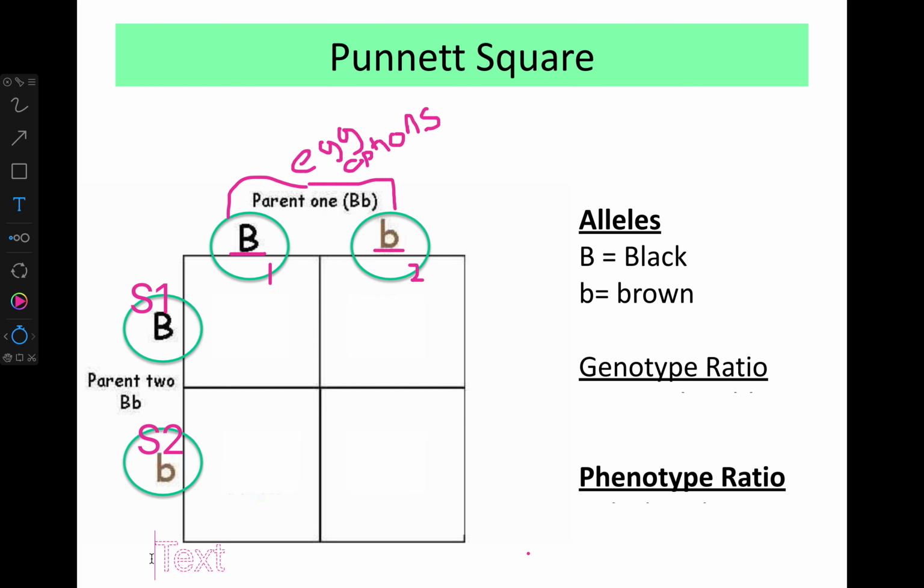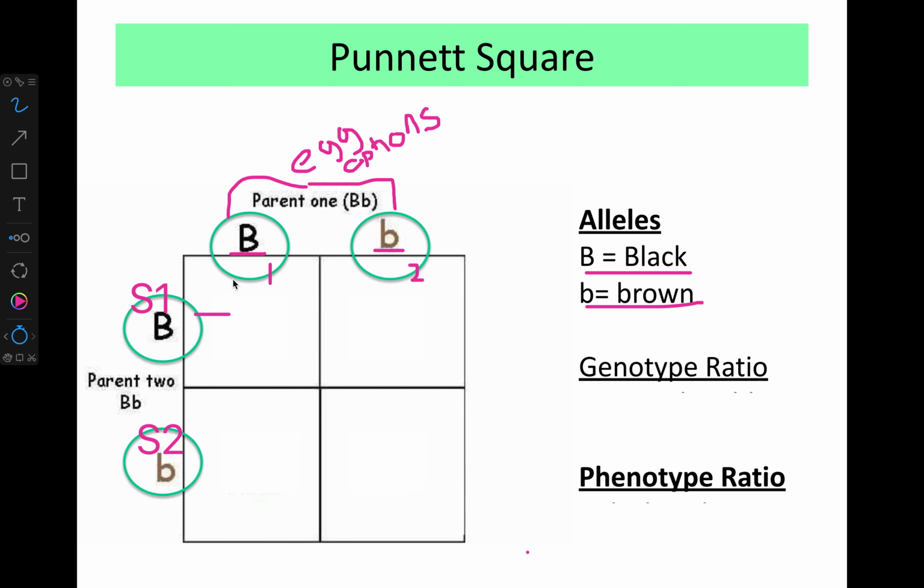So you can see that we're talking about the same trait. We're talking about whether or not the bunny rabbit will be black or brown, but we have all these different options. The mom is giving a black or a brown option, and so is dad. So then here comes the simple part. You're going to combine these.